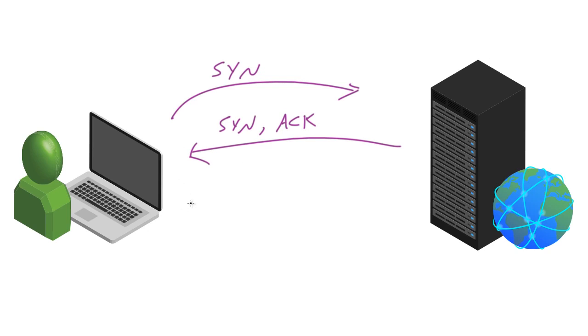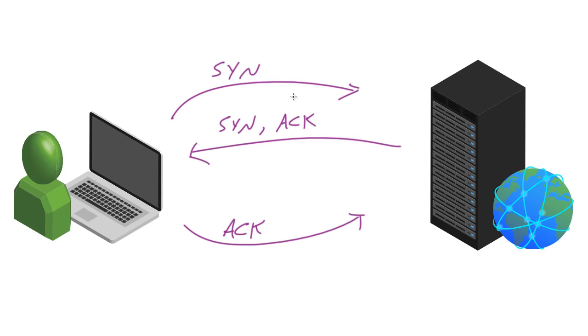Now the last part of this handshake is that the client sends back to the server one last ACK. This is him acknowledging that the server responded and saying, okay, cool, thanks. Now at this point, after this handshake, they are connected, and this guy can now make an HTTP request for whatever dank meme he wants to look at.